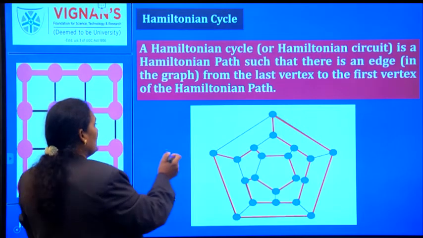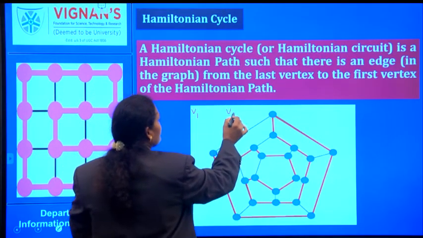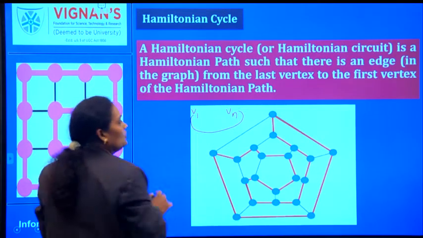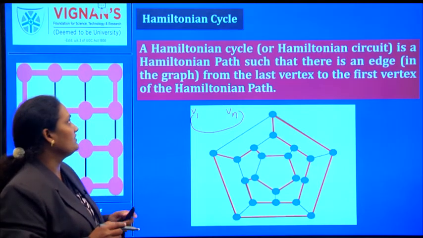So if your Hamiltonian path starts with V1 and ends with Vn, there should be an edge between Vn and V1.